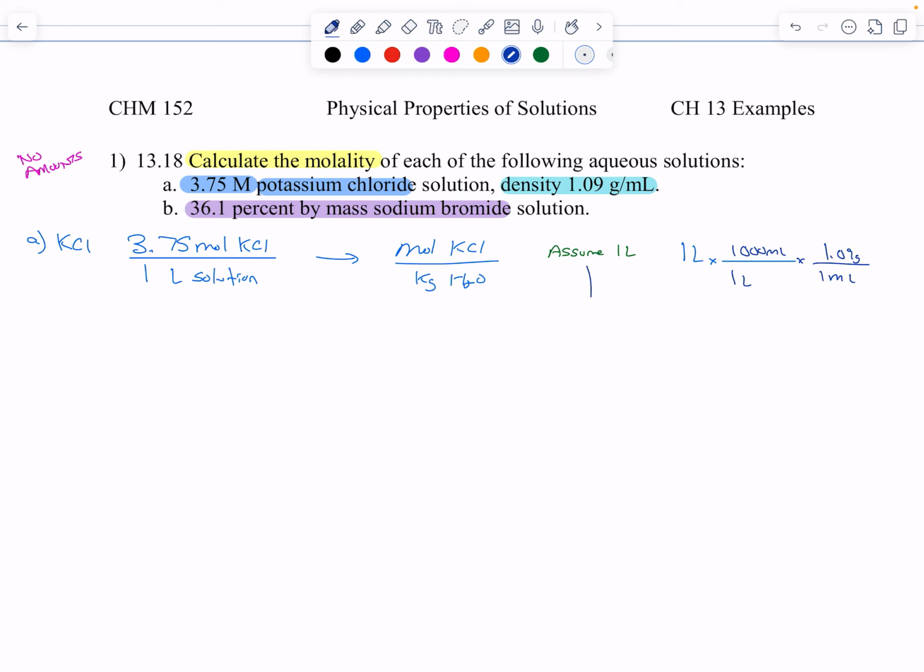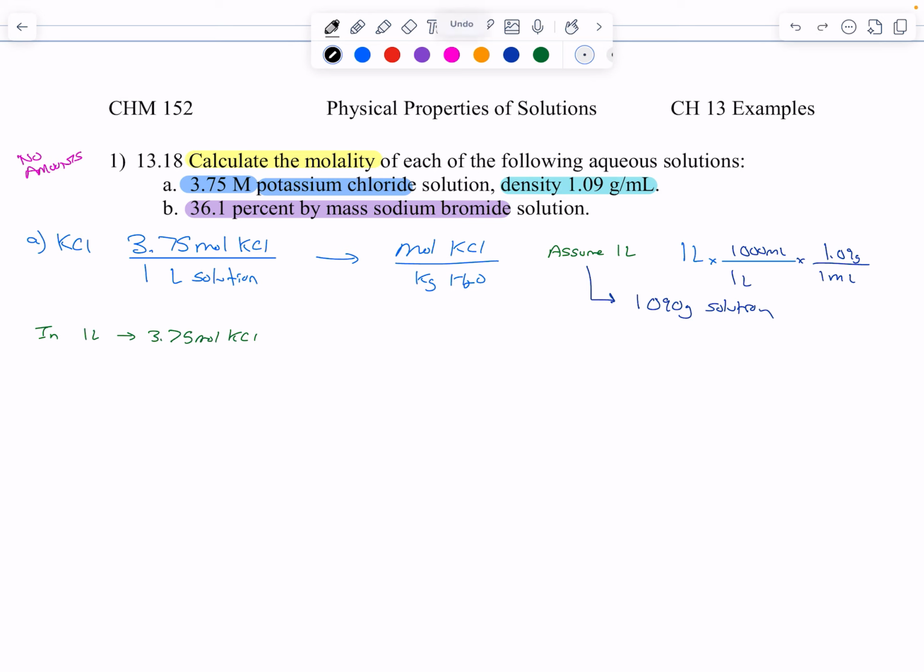So my 1 liter is 1,090 grams of solution. Now, we got to figure out the mass of water. I got the mass of solution. I need the mass of water. Well, we know in my 1 liter, we have 3.75 moles of KCl.